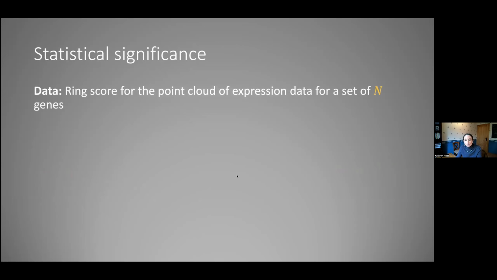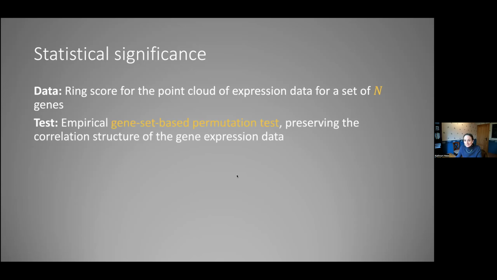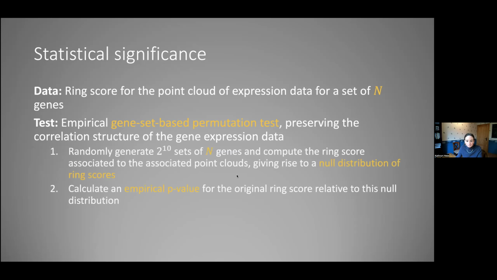Suppose we have a ring score for a point cloud of expression data. I've chosen some N genes, I look at their gene expression, and I have the point cloud of expression data: a collection of points, a finite set in R^n. Then I do this persistent cohomology computation and find a circular feature that looks significant. How am I going to test its significance? I'm going to do a permutation test that's gene set based, but preserving the correlation structure of the gene expression data.